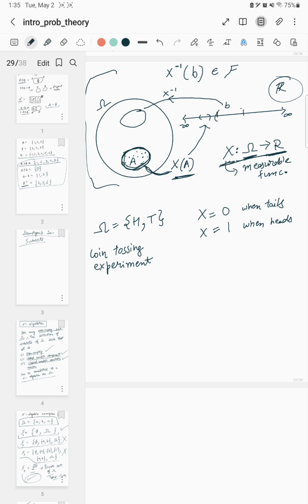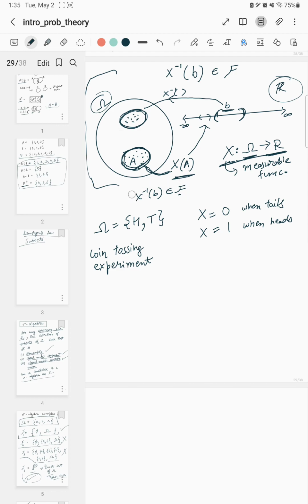And any Borel set, let's say b, if you take a pre-image of it and form a set in the sample space omega like this, so this set x inverse of b would be present in the sigma algebra for omega, which is denoted by f.